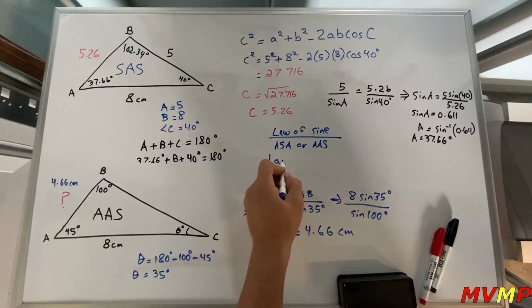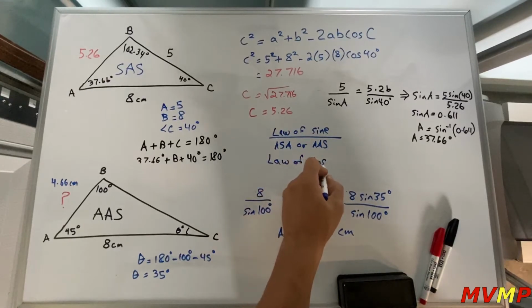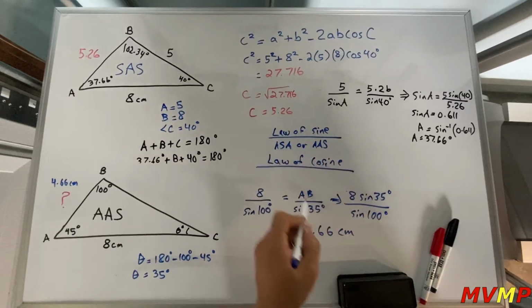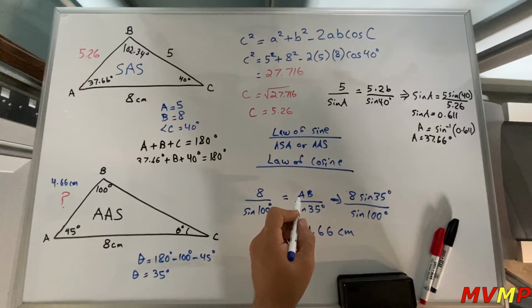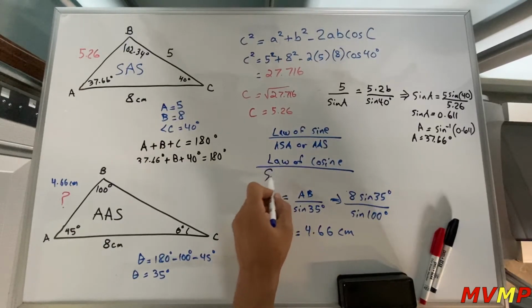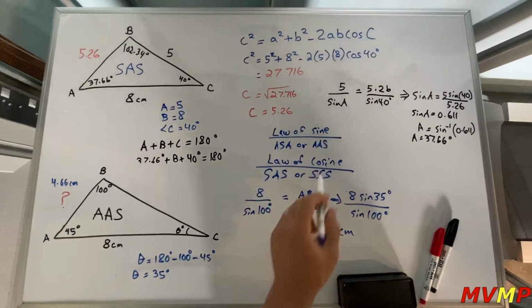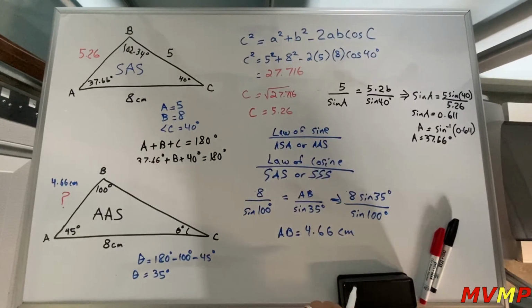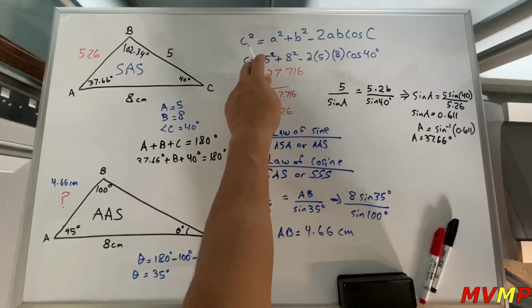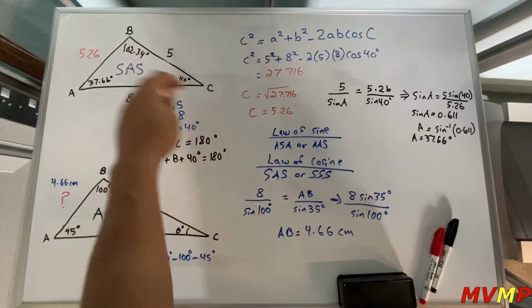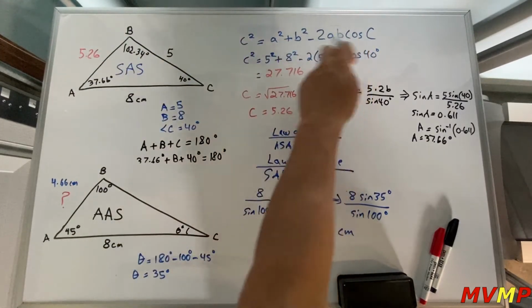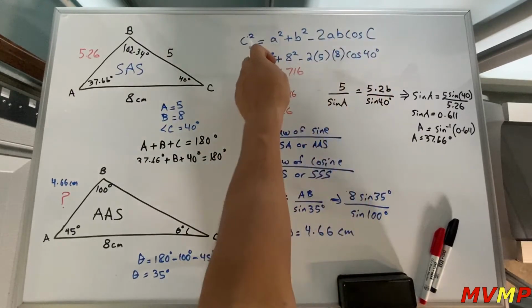And then the law of cosines states that when you see a triangle in the case of SAS or SSS, you can use the law of cosines, which is in this format. Depending on what you're given, it is this formula for every single one; you're just moving it around.